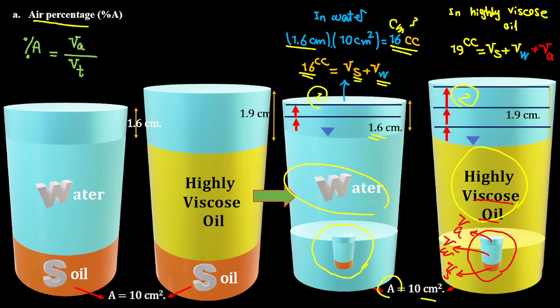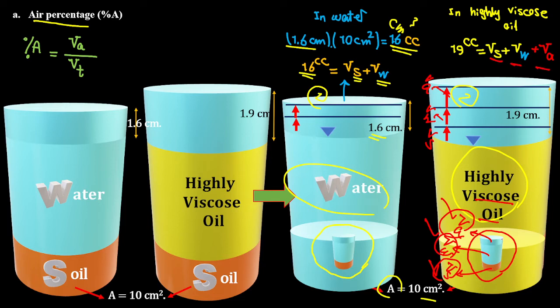It works like an isolation layer, and it has all these three components of the soil sample. So in this case, the rise in elevation goes by all three components: volume of soil, volume of water, and volume of air, entrapped air in the isolated layer. And again, the area is the same, so 19 cc includes all three components.